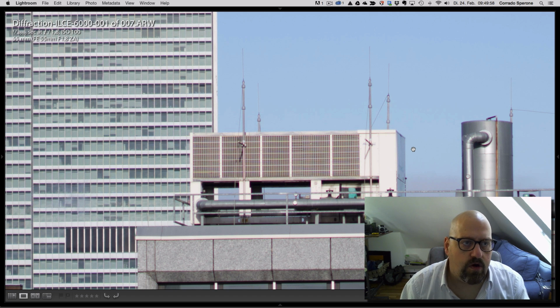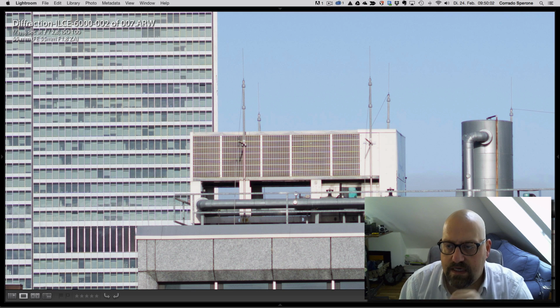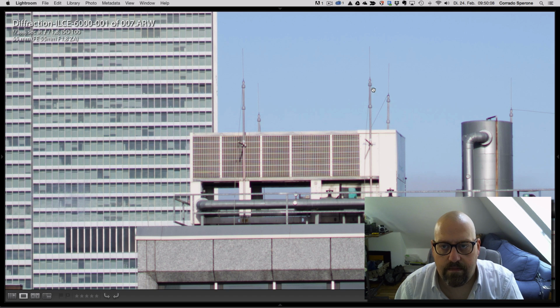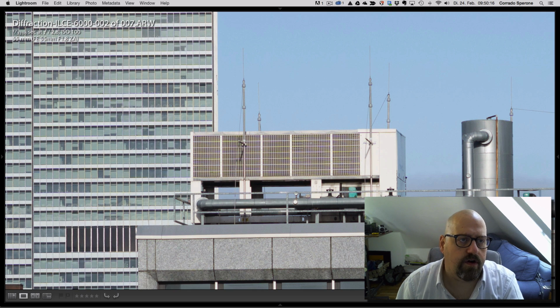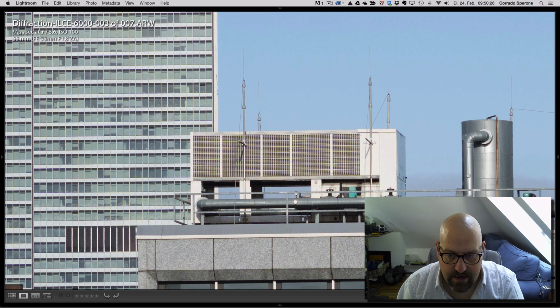If we go one up to 2.8, we see that it's starting to get sharper. If you look at the antennas, you get it better defined, and this grate gets better definition. If we go one further to 5.6, this is actually quite sharp. Even if you look at the structure down here in the stone, you see that it increases.